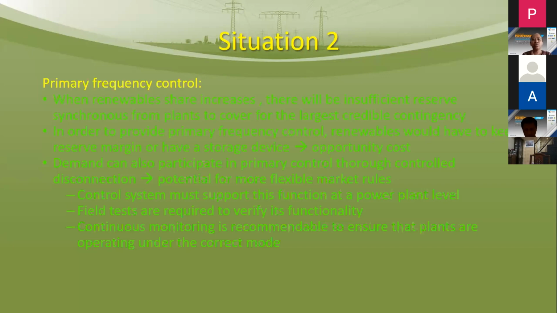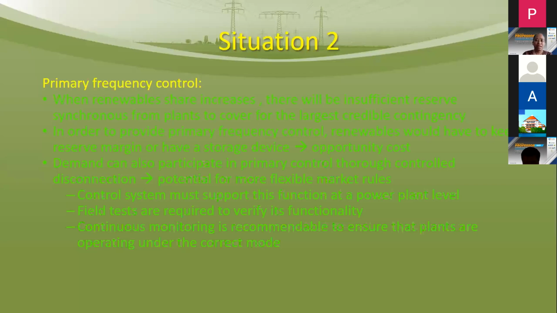In order to provide primary frequency control, renewables would have to keep a reserve margin or have a storage device. So in this case, we can add a reserve margin or use additional storage devices. Of course, it will bring additional cost.